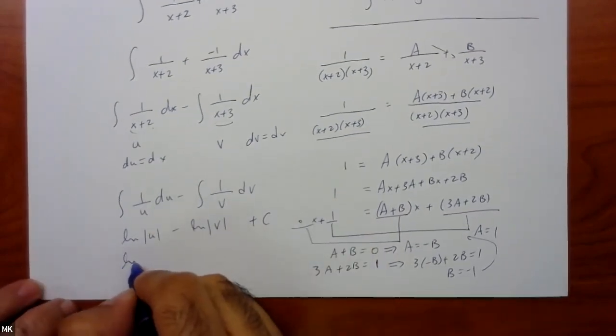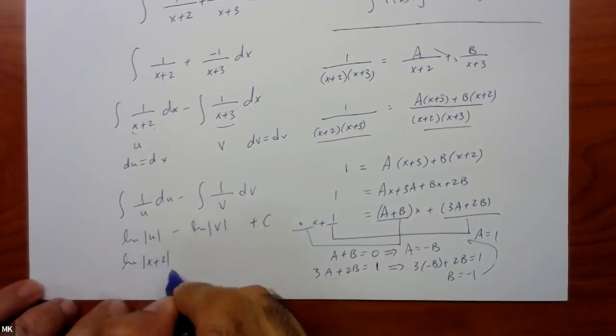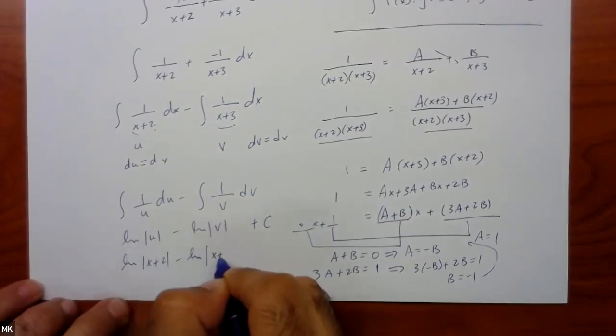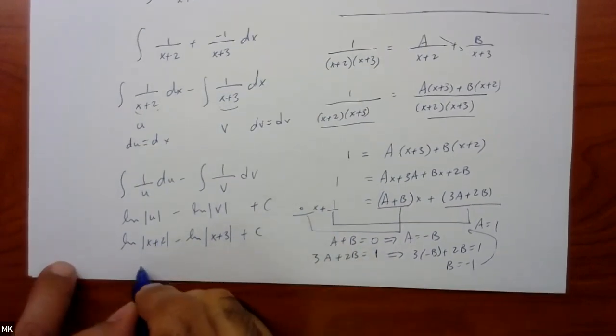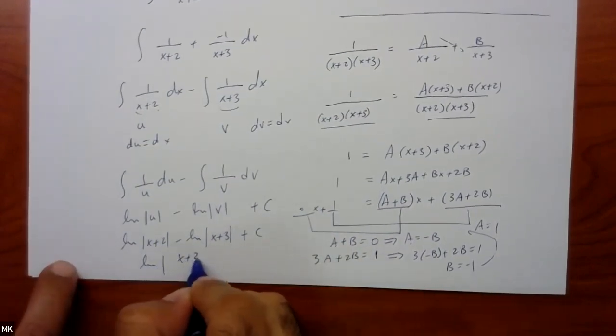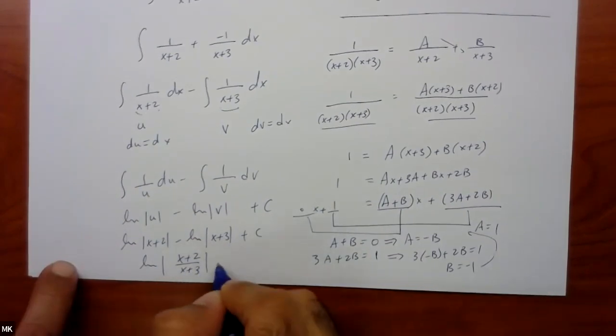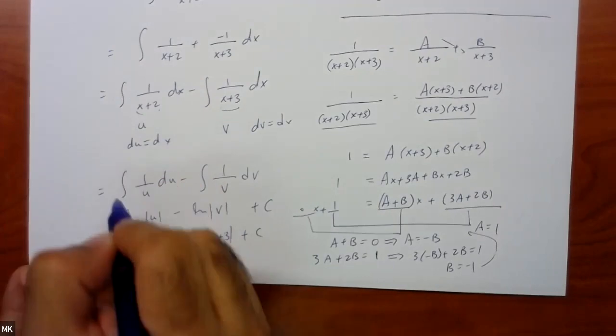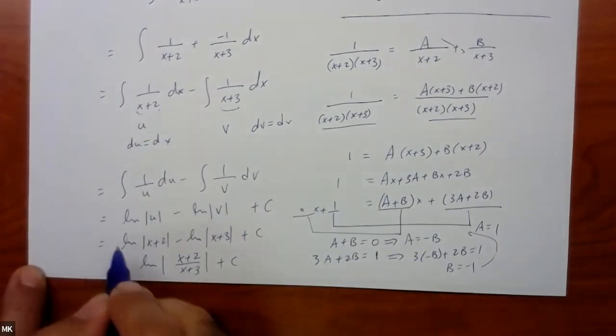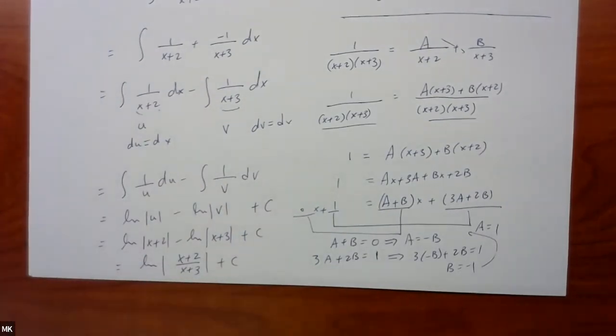And then it's going to be natural log of x plus 2 minus natural log of x plus 3 plus c. If you really wanted to, you could combine those two as natural log of x plus 2 over x plus 3, plus c. And that's your antiderivative.